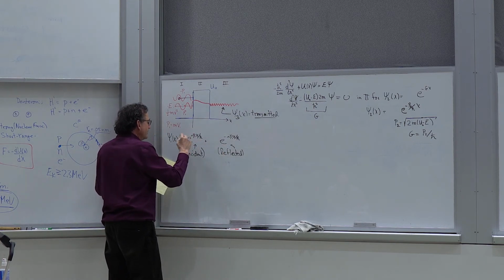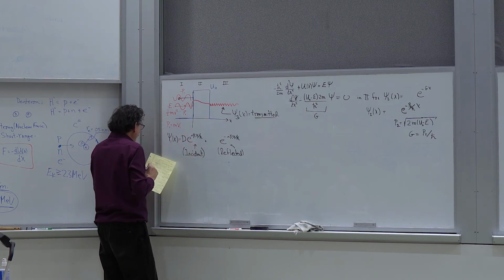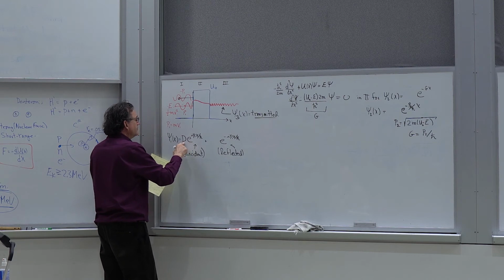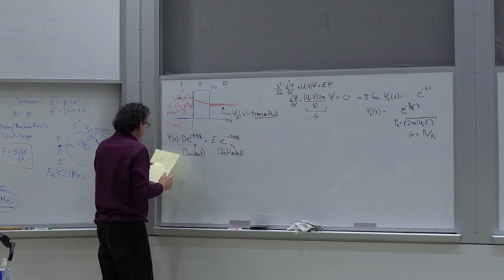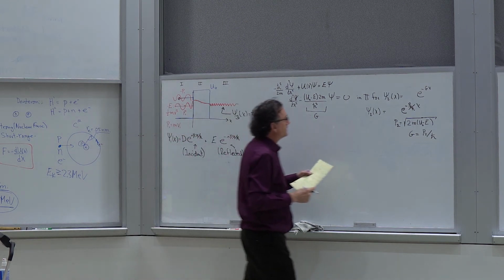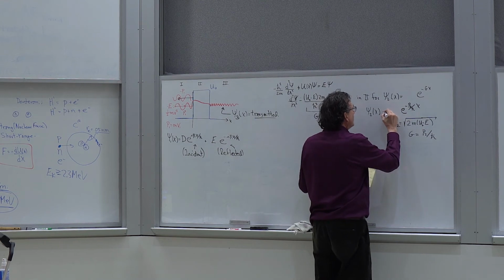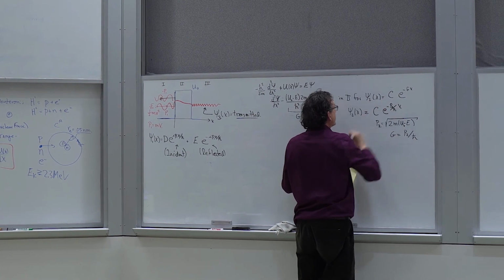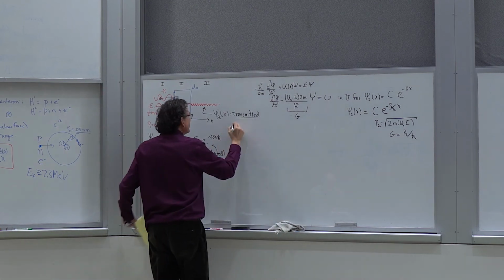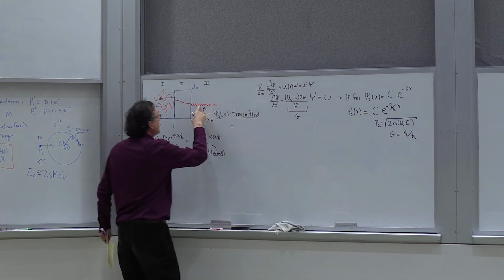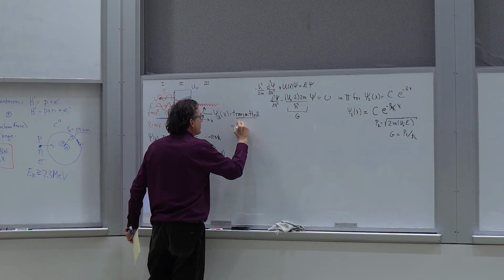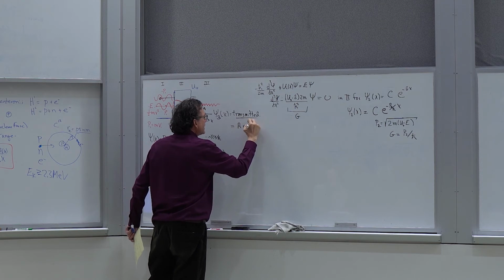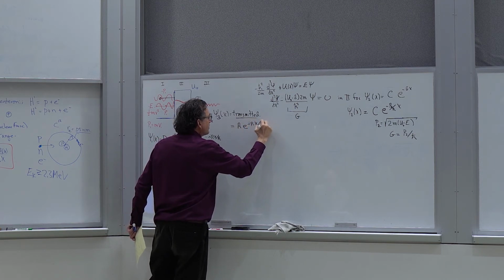Forgive my order at which I create constants, but for reasons of doing this earlier, the coefficient in front of the incident wave is d, the coefficient in front of the reflected wave is e, the coefficient in front of the intermediate wave is c, so I'll put a c right here, and psi 3 of x is also a transmitted wave, but it has lower amplitude, so it's going to have a different coefficient, which we'll call a, times e to the i p1 x over h bar.